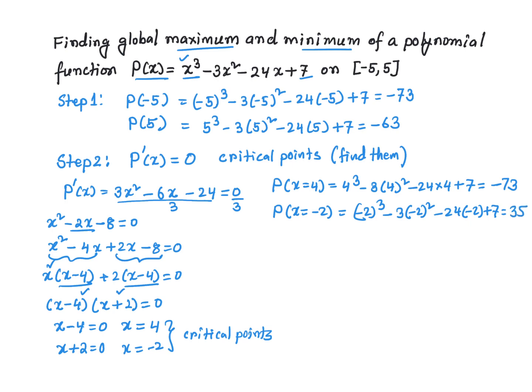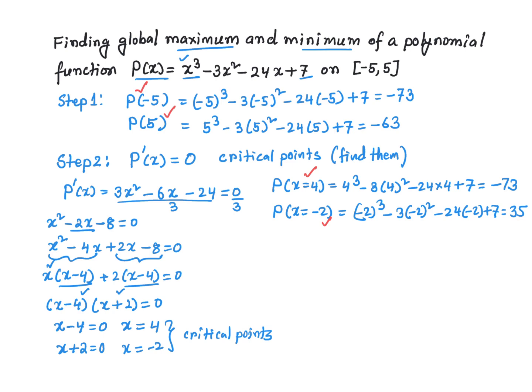Now, what we need to do, we need to look at the important numbers. So we got 4 points or 4 numbers. One associated with p of -5, one associated with p of 5, another at the critical point x equal to 4, and p of x equal to -2, the second critical point.